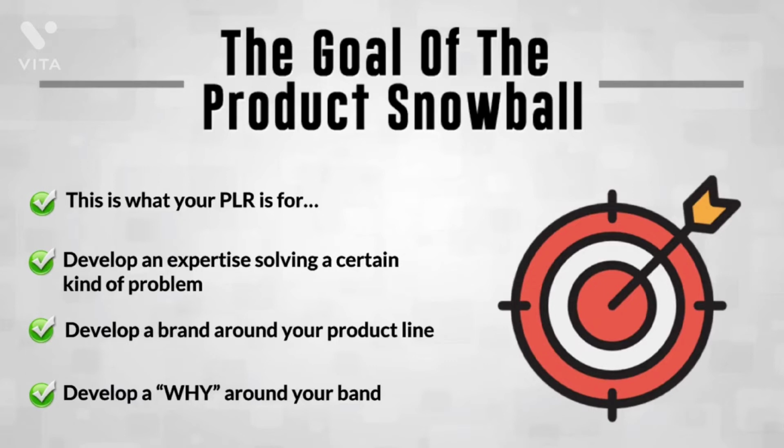You start to develop these branding campaigns because the why is how you connect with a person. You don't have to spend $1 million on your brand. You got to connect the why though to why I want to buy my product from you. Right? It goes into USP and all the other stuff, which we will get to later on. But that's really the goal of the product snowball.